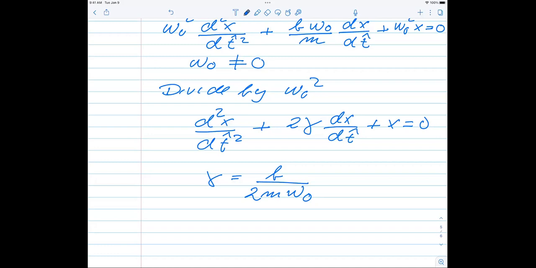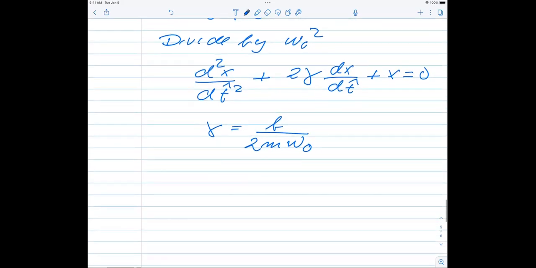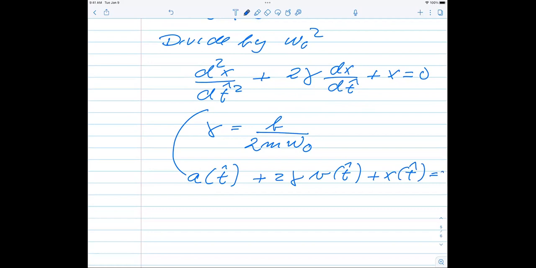The term here is nothing but the acceleration as a function of t hat, plus 2 times gamma times the velocity as a function of t hat, plus x of t hat, equal to 0. So our acceleration is simply given by minus x of t hat minus 2 times gamma times v of t hat. That's the acceleration which we need to plug in our numerical code.